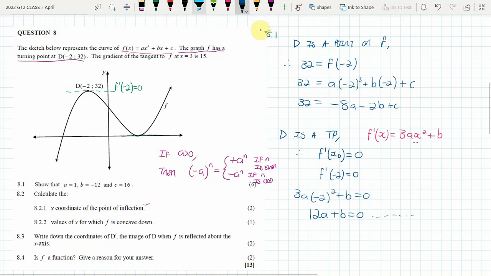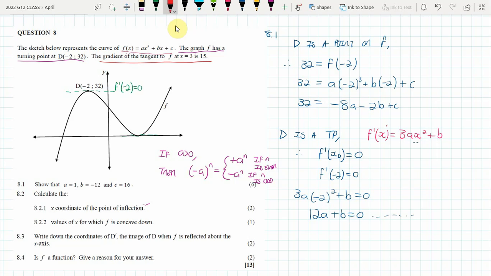Now let's look at the other piece of information that we are given. We are told that the gradient of the tangent to f at x equals 3 is 15. So remember, f prime represents the gradient of the tangents to f as we move along the x-axis.